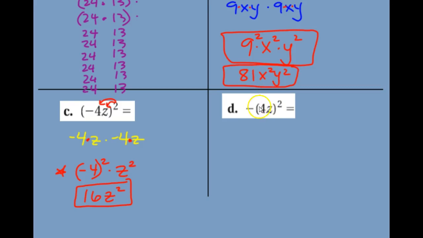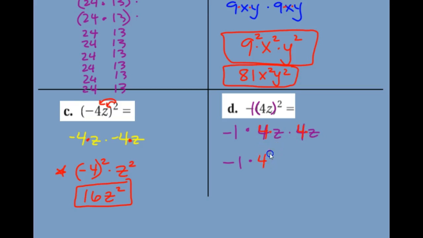And then here, this is the same question, but the negative's on the outside. So let's see the difference here. This one, we're only going to write what's in parentheses 2 times. 4z times 4z. This negative is really a negative 1 out front. So we really have negative 1 times 4, this is multiplied really, times 4.